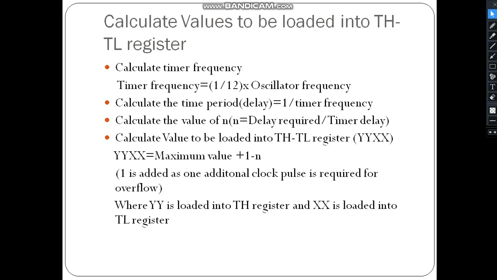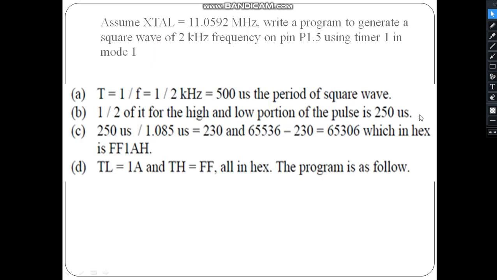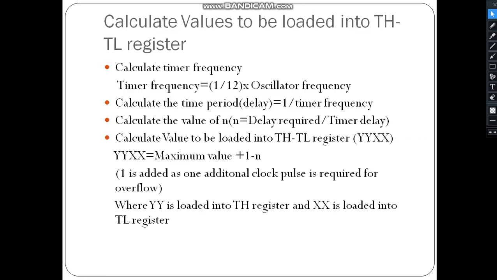Then we have to calculate the value that has to be loaded into the THTL register. The value that has to be loaded is calculated using the formula maximum value plus 1 minus n. In mode 1, the maximum value is 65,535; plus 1 is required for overflow to occur, minus the n value already calculated.